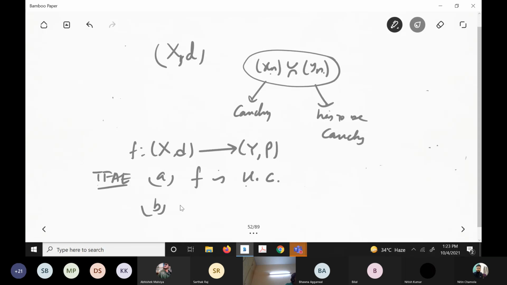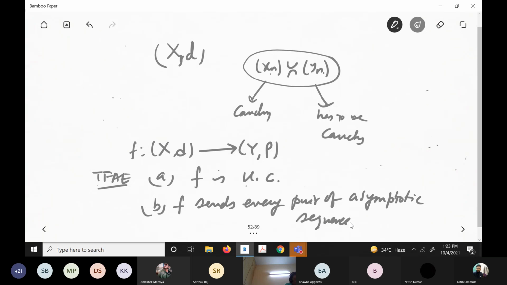B, I'm just writing informally: f sends every pair of asymptotic sequences to a pair of asymptotic sequences. That means the image of a pair of asymptotic sequences will again be asymptotic.